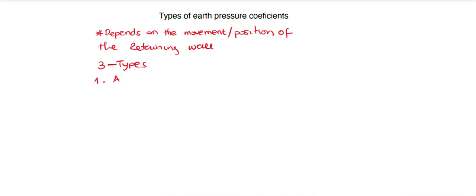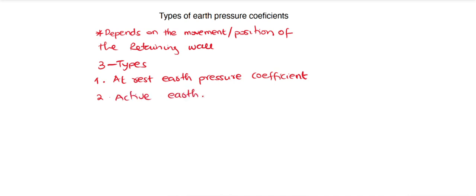The first one is the at rest earth pressure coefficient. The second one is the active earth pressure coefficient. The third one is the passive earth pressure coefficient.